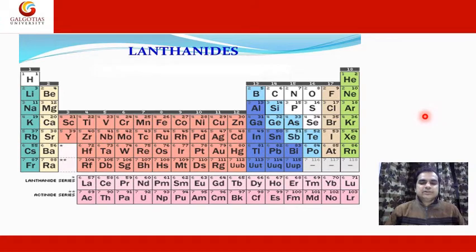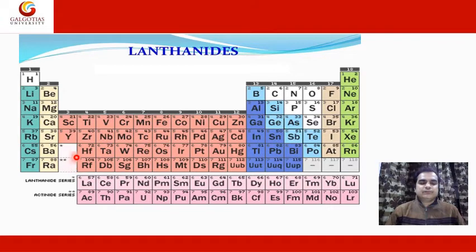Now let us discuss the position of lanthanides and actinides in the periodic table. As we can see, this is the modern periodic table. The single star and double star represent the position of lanthanides and actinides in the 6th and 7th period of the periodic table.